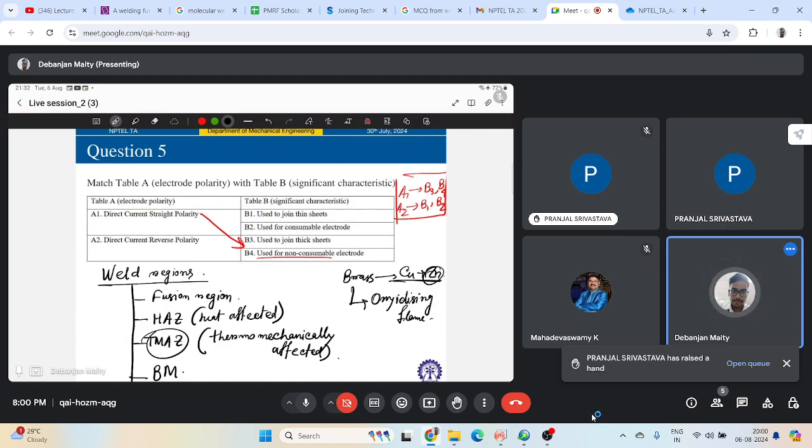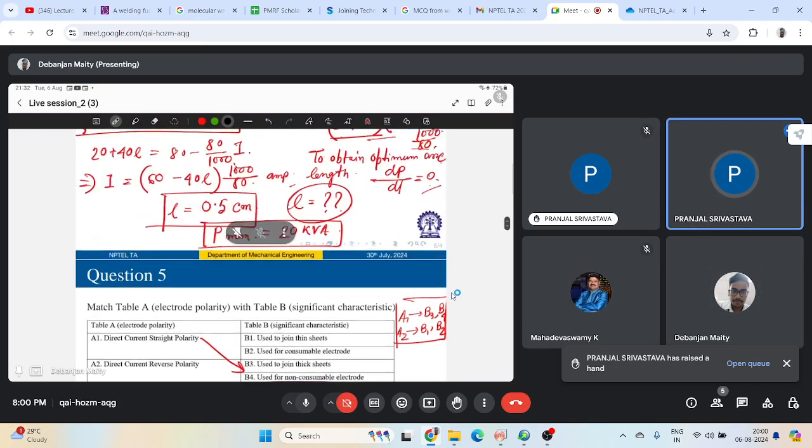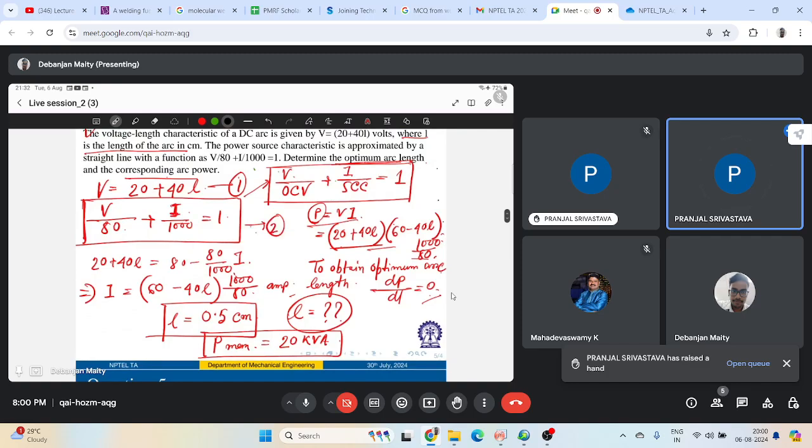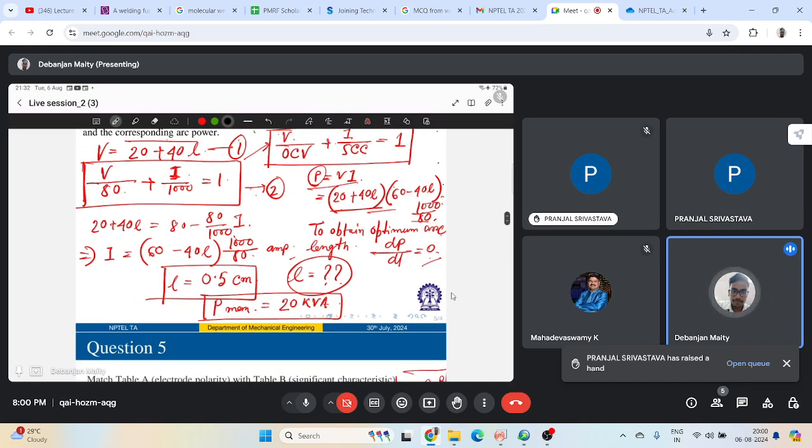Any confusion? No, sir. Sir, in question number 5, the length and the power is calculated. I'm not getting you. What happened? In question number 4, the length and the power is calculated. How is the length calculated?